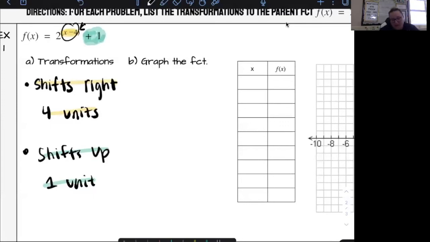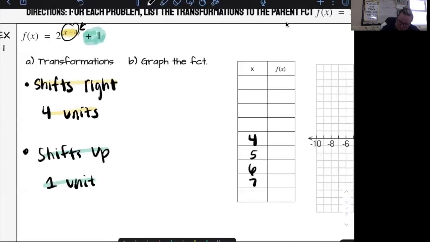So because we have x minus 4, I want to use 4 as my middle value, because 4 minus 4 would be 0. So we'll have 2 to the 0 and then plus 1. So from there, we're going to do, let's do 5, 6, 7.